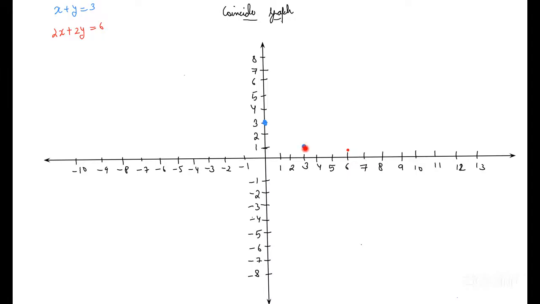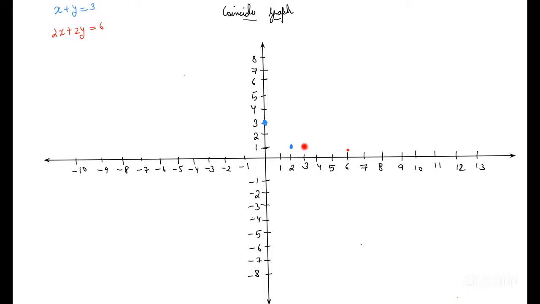This is wrong. Who made this? Why, Bettia? What point did you get? 0 and 3. So this is not 0.